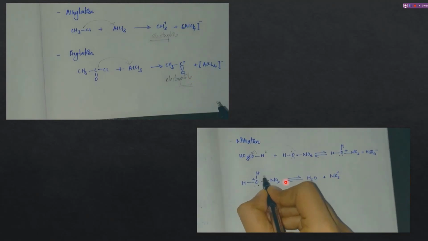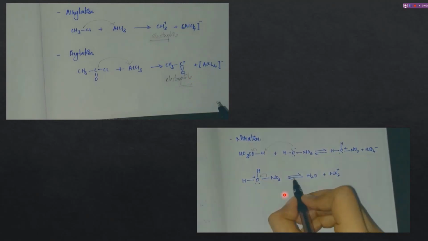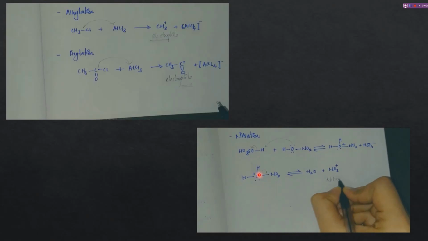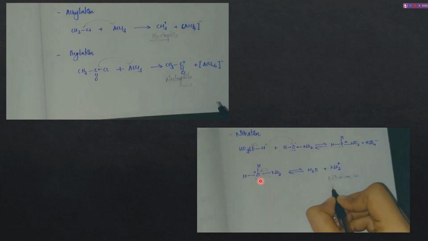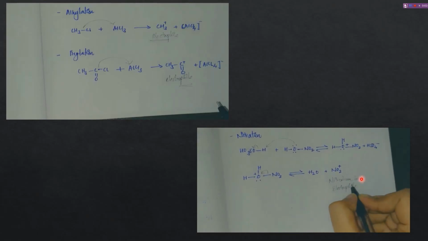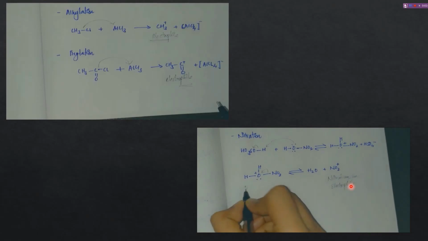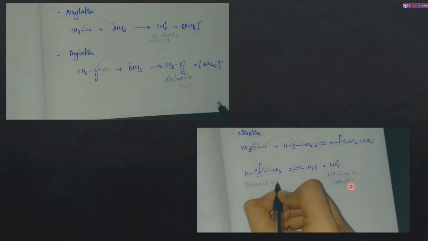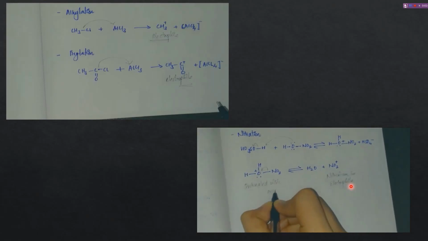From this a water molecule will be eliminated by the breakage of this bond, hence the electrophile NO2 plus is formed. This is called protonated nitric acid and this is the nitronium ion, which is the electrophile. So basically the sulfuric acid is acting as an acid whereas nitric acid is acting as a base by taking one H plus from the sulfuric acid.